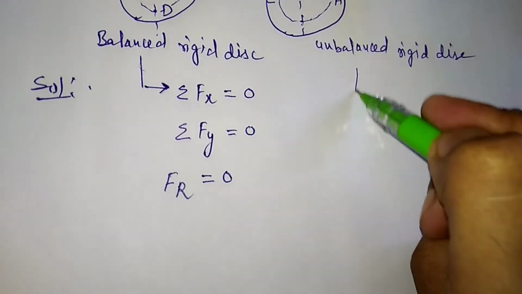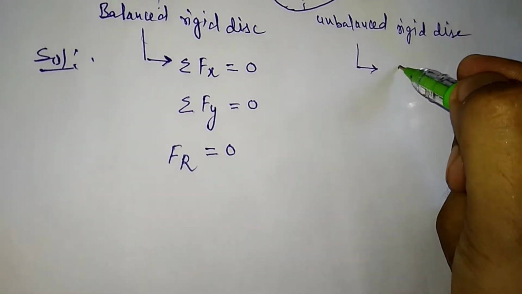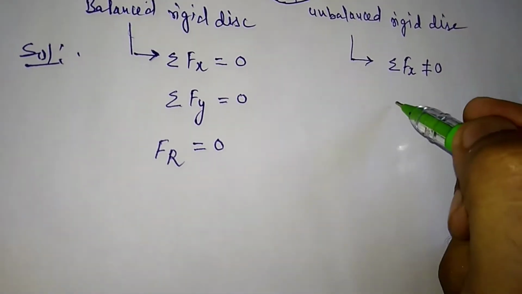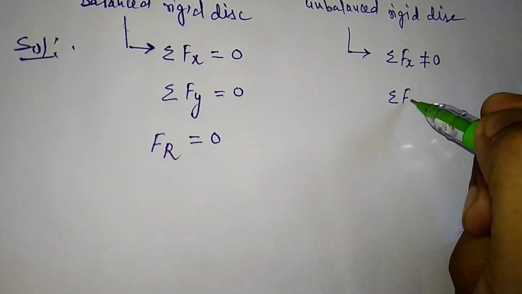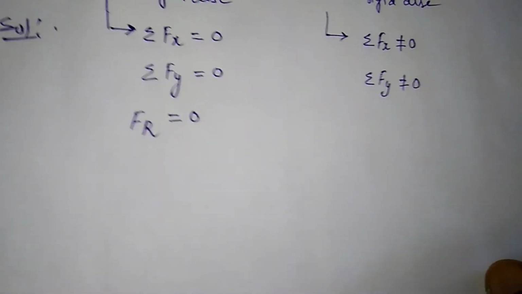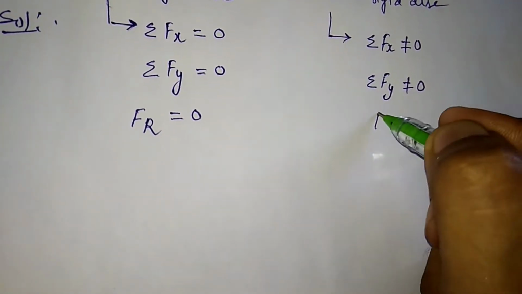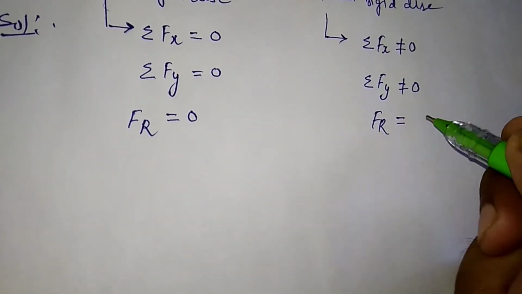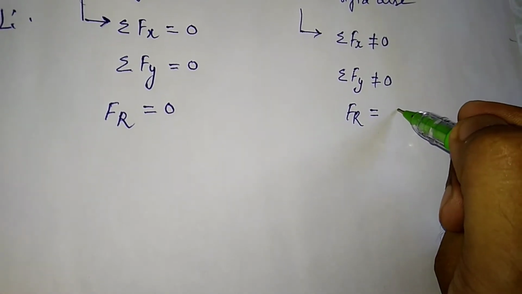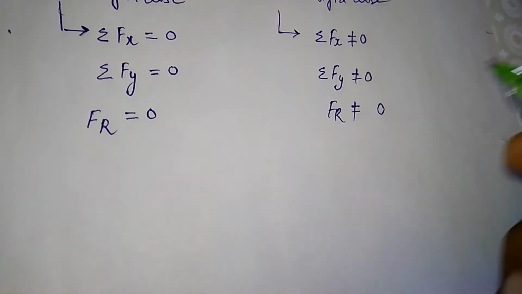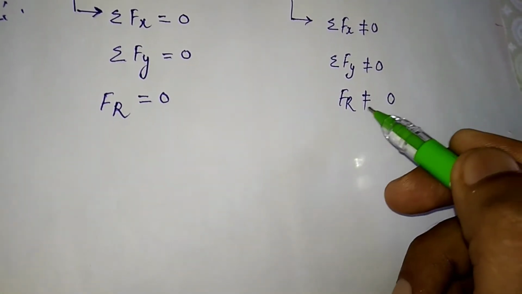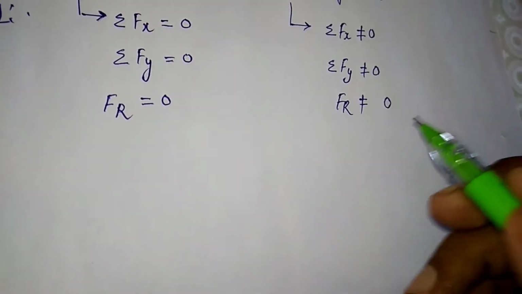But in this case, the summation of all the forces in the x direction and in the y direction will not be 0. So the resultant force in this condition will be an unbalanced resultant force, not equal to 0. So we have to calculate this unbalanced force.